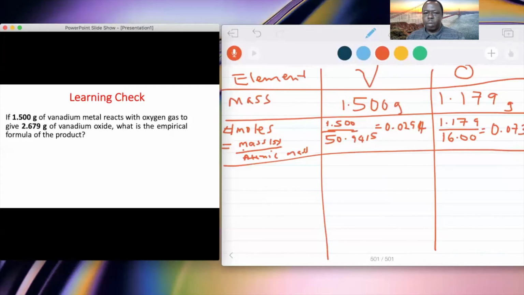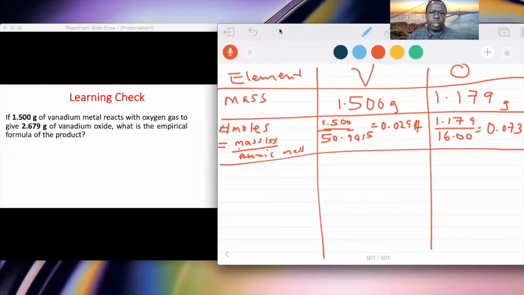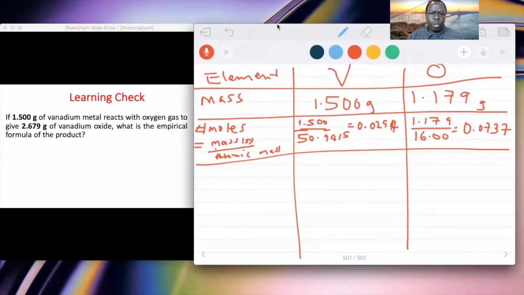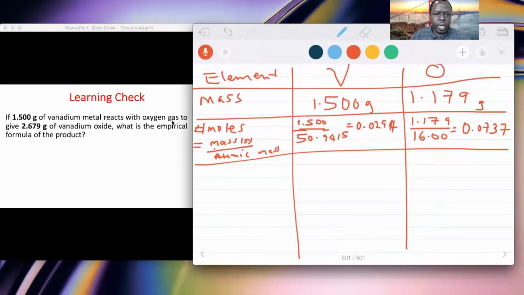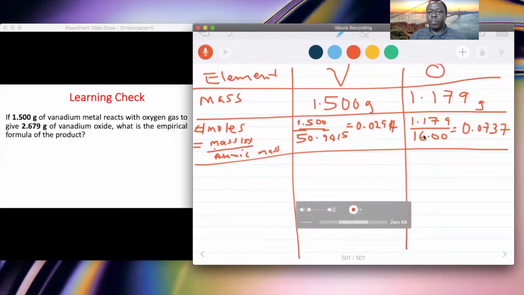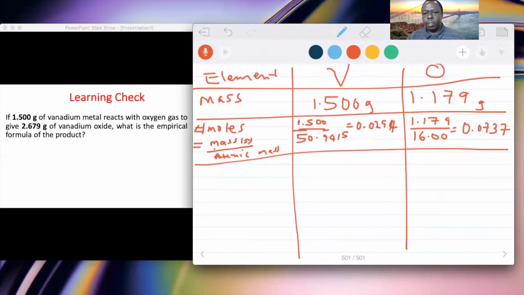This is the number of moles of oxygen. I know you may think, let's divide by 32 because it is oxygen gas. You just have to use the atomic mass of the oxygen atom, which is 16 from the periodic table, or 15.999, is the same thing.